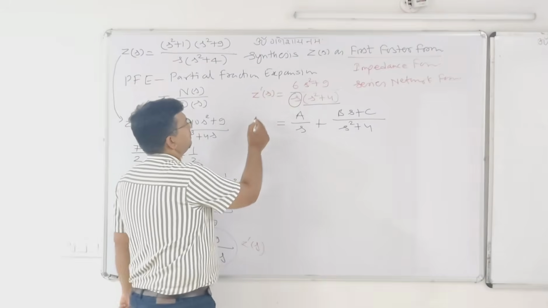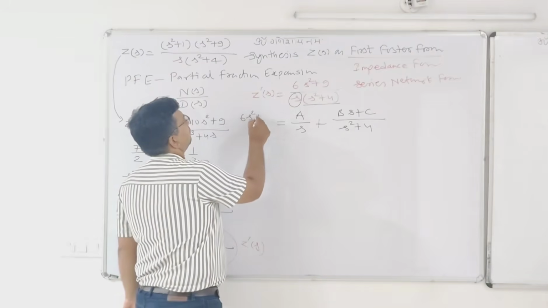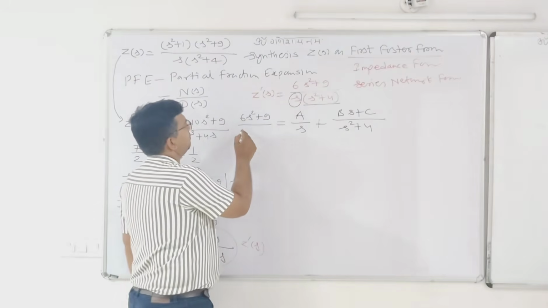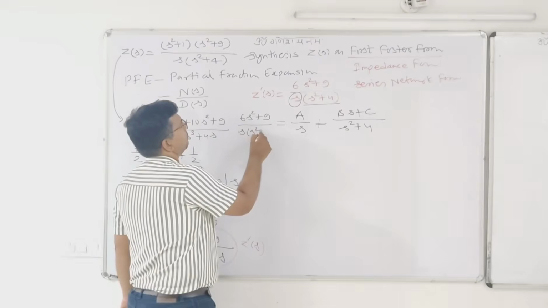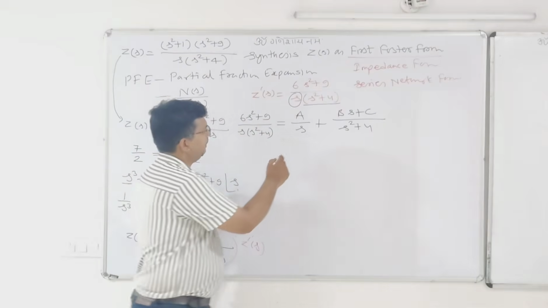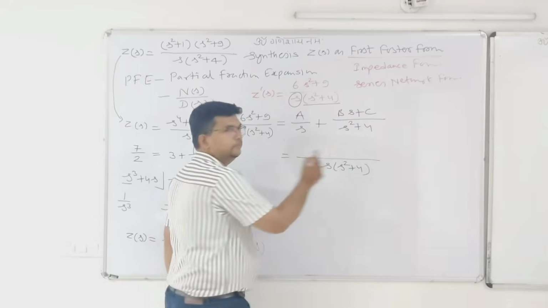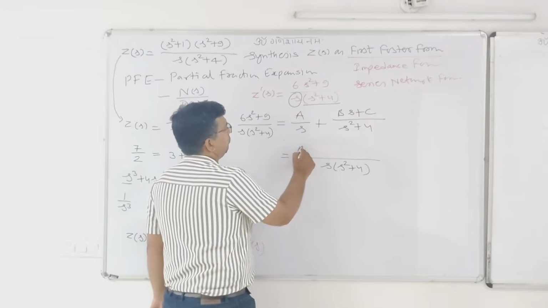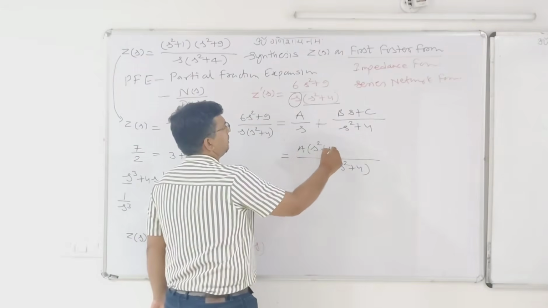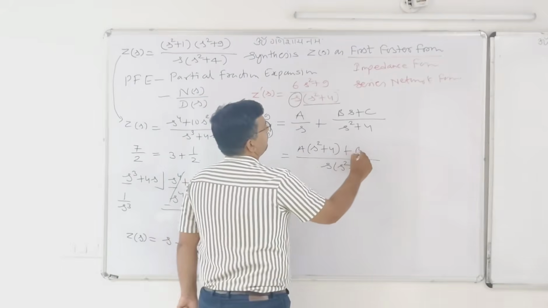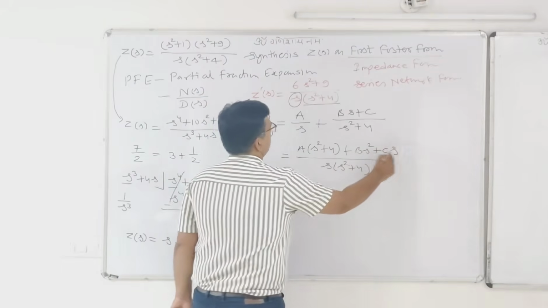Now what is this? This is Z'(s). I will put the value of the function Z'(s): (6s^2 + 9) upon s(s^2 + 4). Now I will take the LCM. The LCM will be s into (s^2 + 4). Now, what will the numerator become? A(s^2 + 4) + (Bs^2 + Cs).